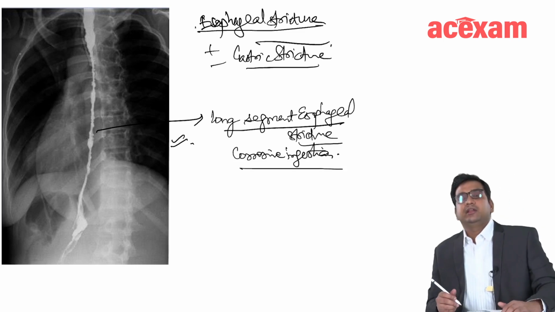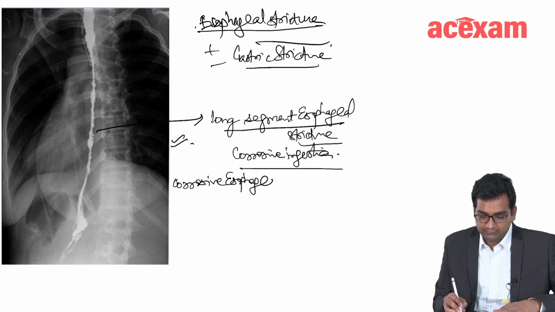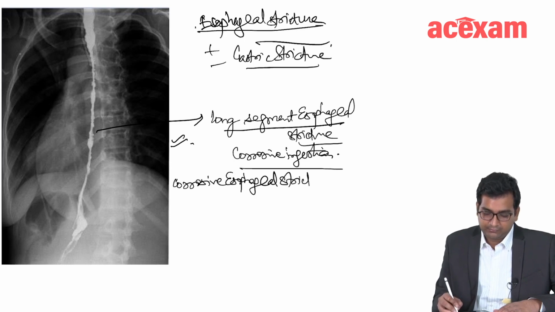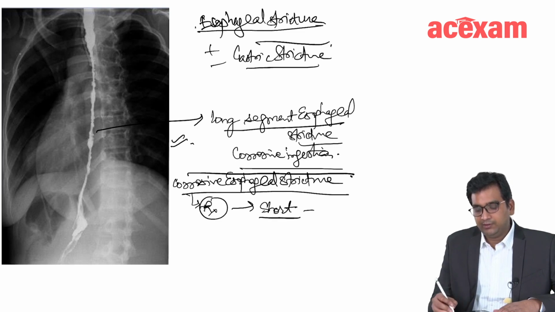So in cases of corrosive esophageal stricture, the treatment is, if the stricture is short, we will go for endoscopic dilatation.